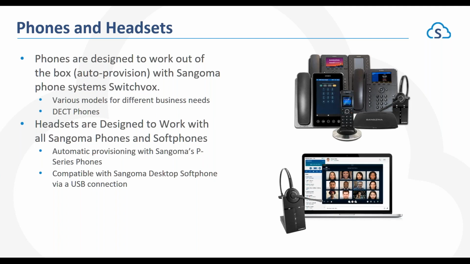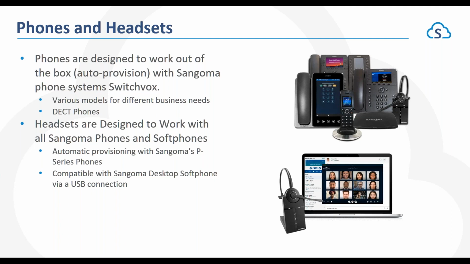We have various configurations available in our phones. There are basic models, and there are more executive-level phones available with a bigger screen. We have DECT for mobility. We have headsets. So we manufacture a range of endpoints for every need.